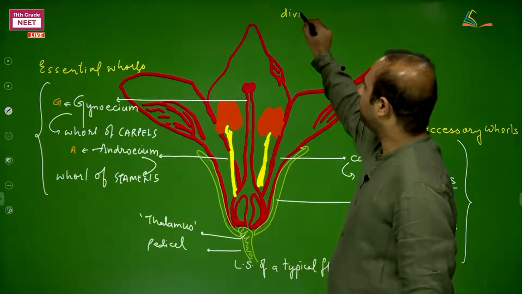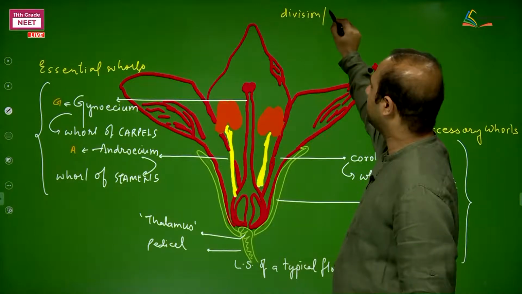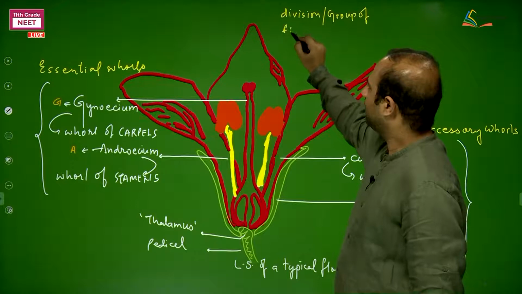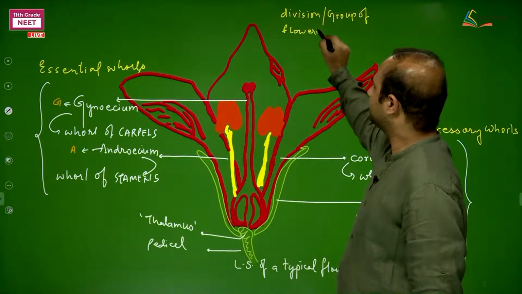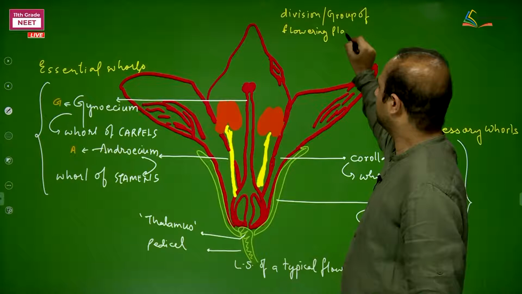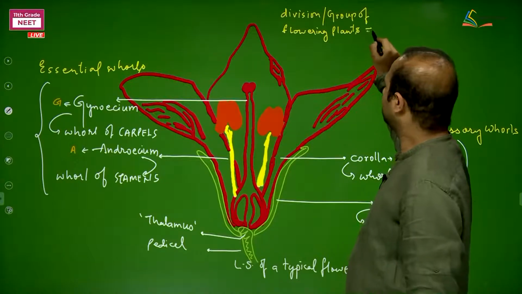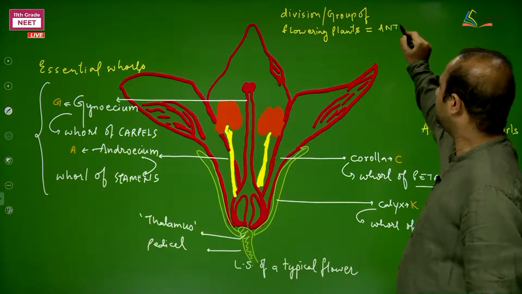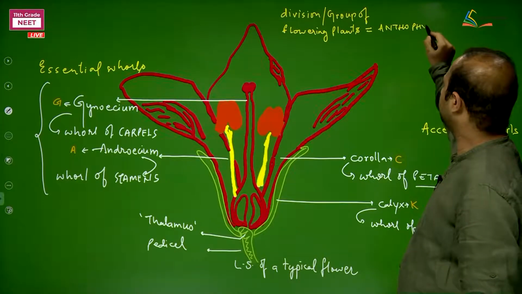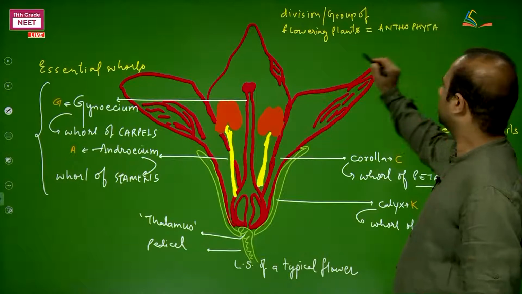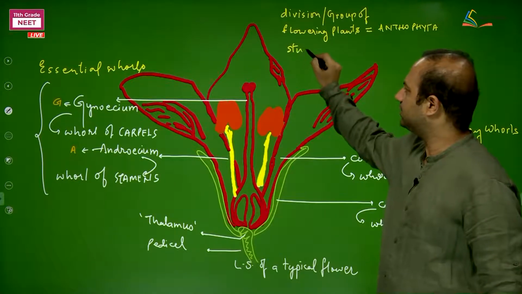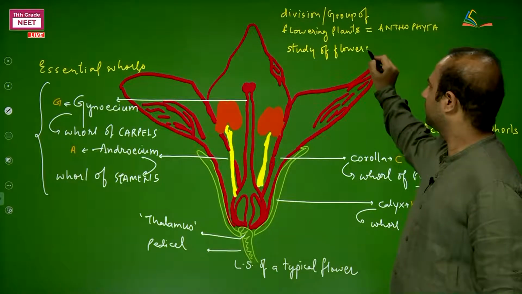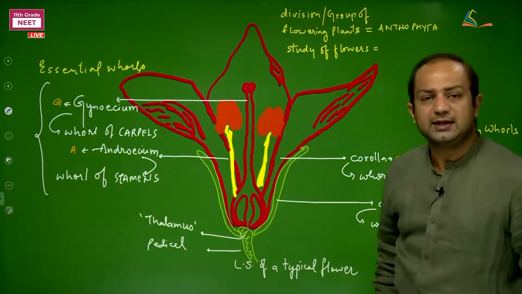The division, or group, of flowering plants is called Anthophyta. And the study of flowers is called anthology.